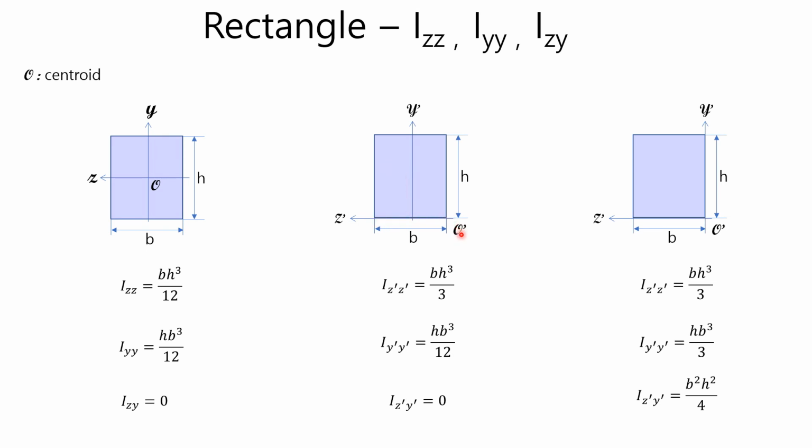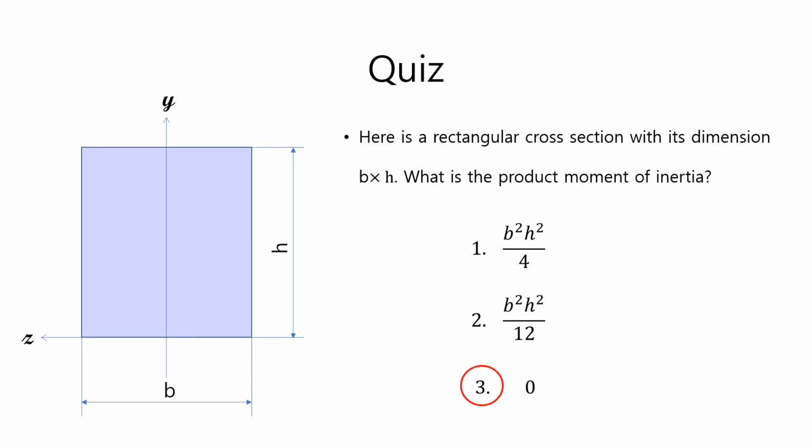The second moment of area with respect to the horizontal axis increases, and the product moment of area still equals 0. The third case shows both axes do not pass through the centroid. All the second moments of area increase, and the product moment of area has its own value other than 0. The answer to the quiz is number 3, 0.